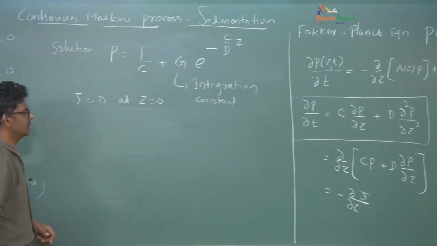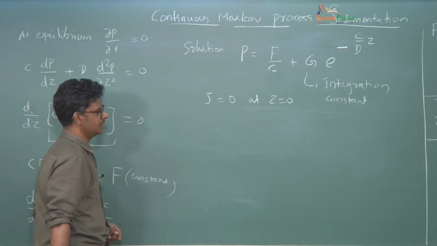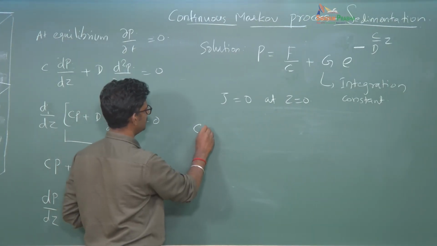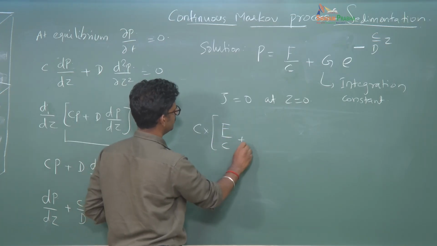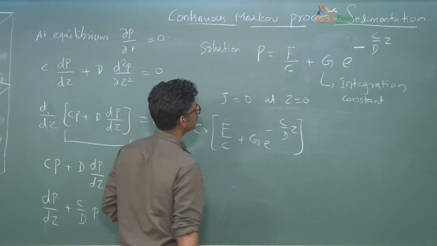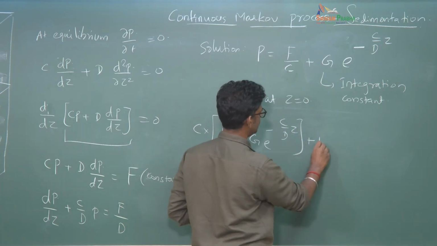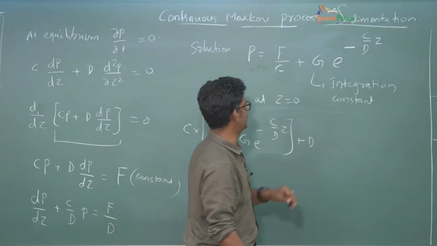Now we can substitute the expression for P. So we write C times P, which is F by C plus G e to the power minus C/D z, plus D times the derivative of this with respect to z.